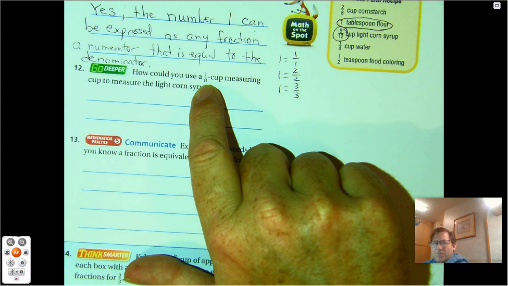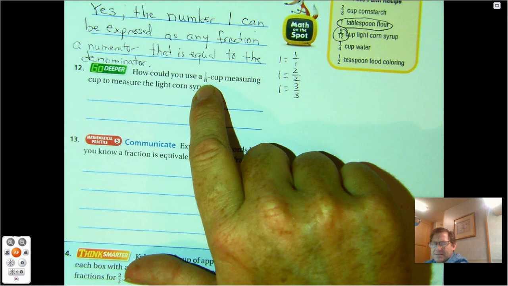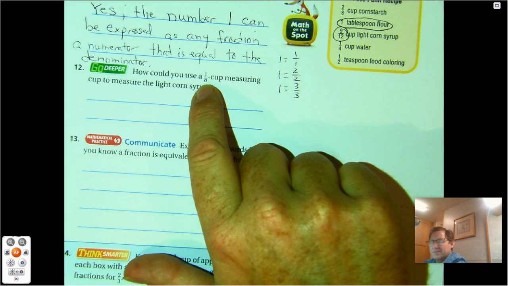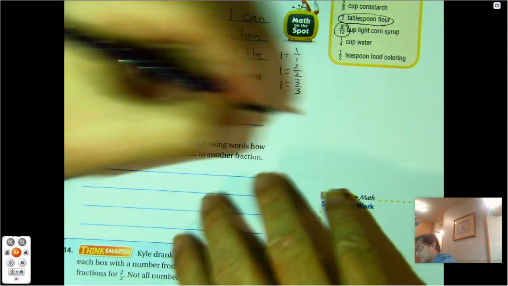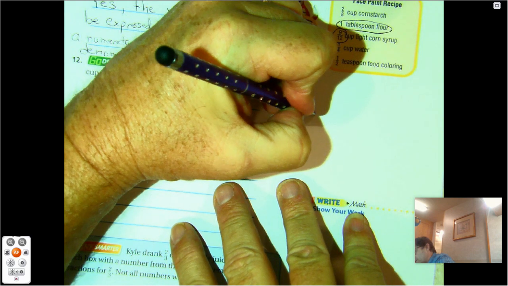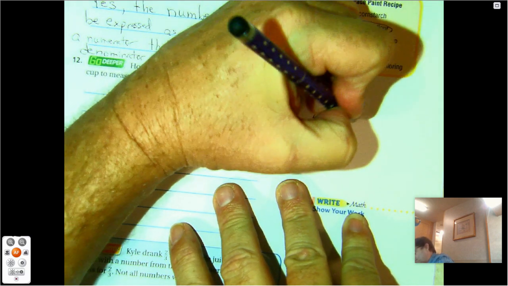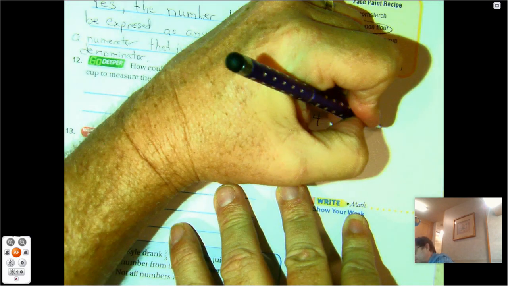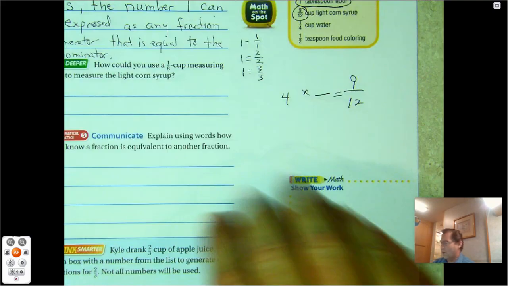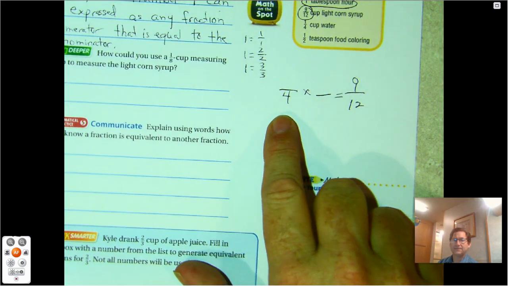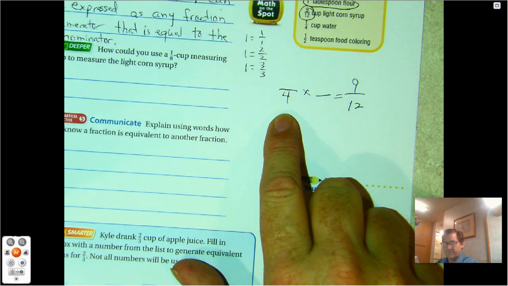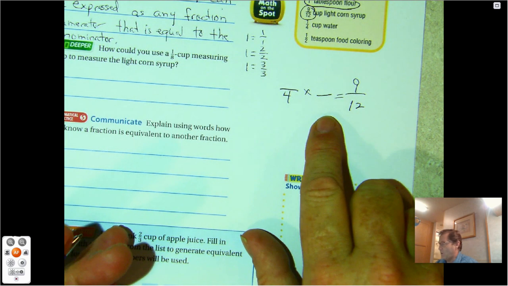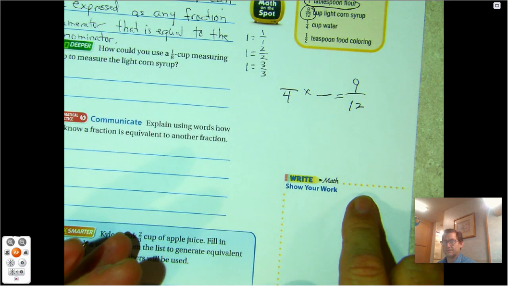So how can I go from fourths or from twelfths to fourths? So this is what I'm asking you. What could I multiply some value, some fourths, times what would give me 9/12?